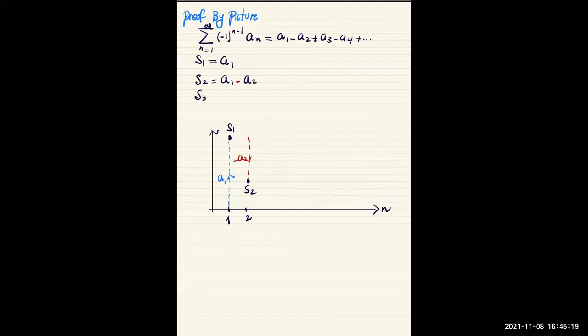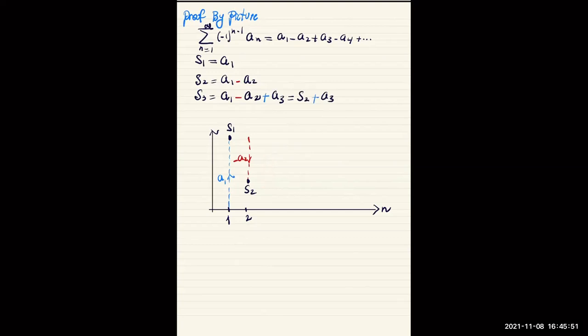S sub 3 is going to be A1 minus A2 plus A3. If you think about it, A1 minus A2 is the same as S2, and to S2 you're going to be adding A3. So from wherever we are at S2, we're just going to go up by A3.